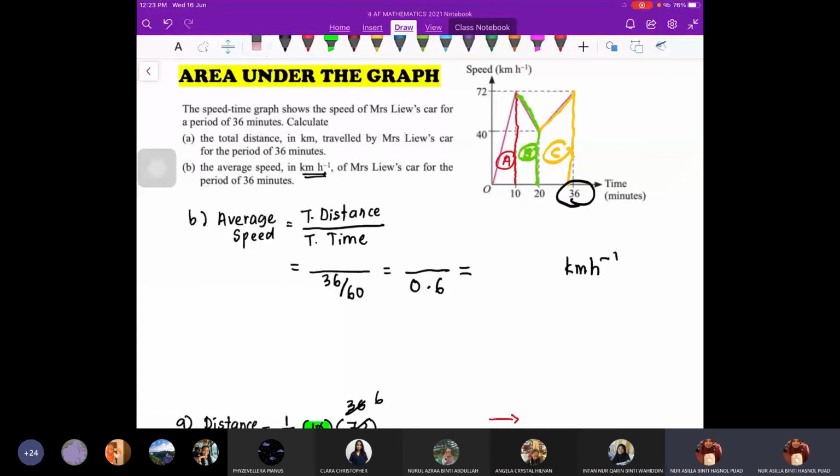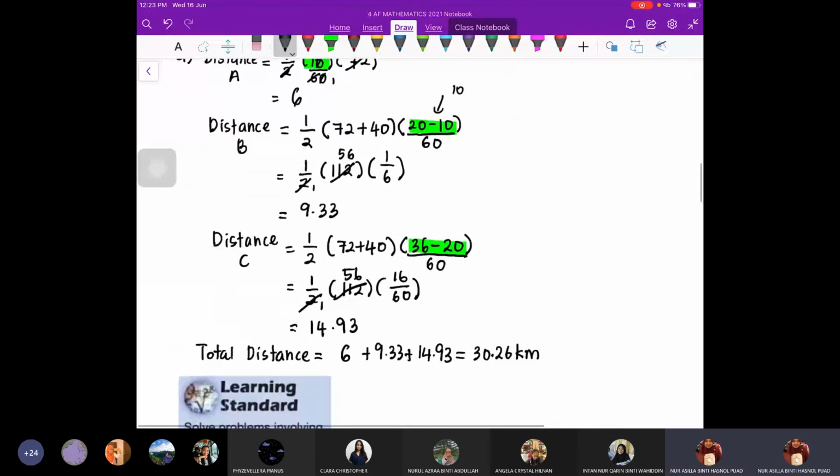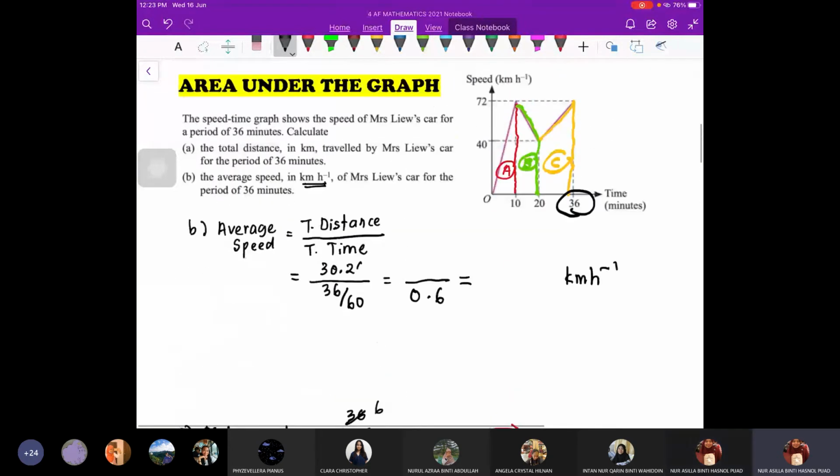Because ni tidak masuk akal. 30.26. Okay. So jadilah 50.43. Okay, barulah masuk akal. Average speed dia 50 km per hour. Alright, tak adalah laju benar kereta tu berjalan. Okay, so this makes sense.